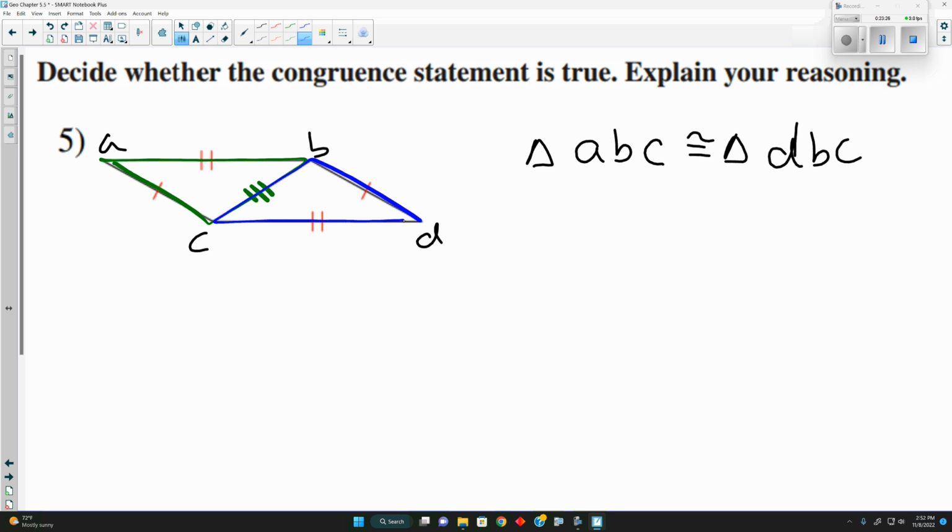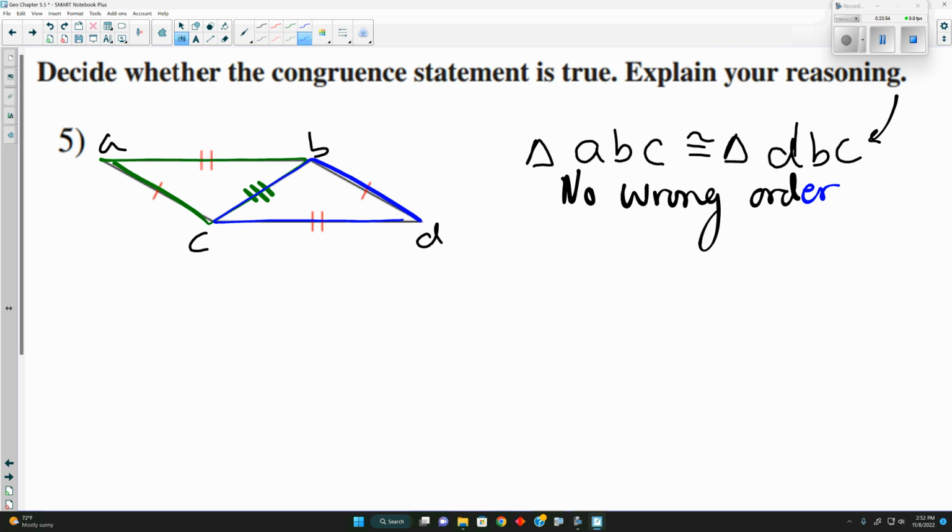So decide whether the congruency statement is true. Is the congruency statement true? No. I thought you just had to have 3 sides. Well, if they didn't include the congruency statement, would they be congruent? Yeah, they are. But we need to be paying attention, especially if it gives us a congruency statement from the beginning, because here it's not matching it up.